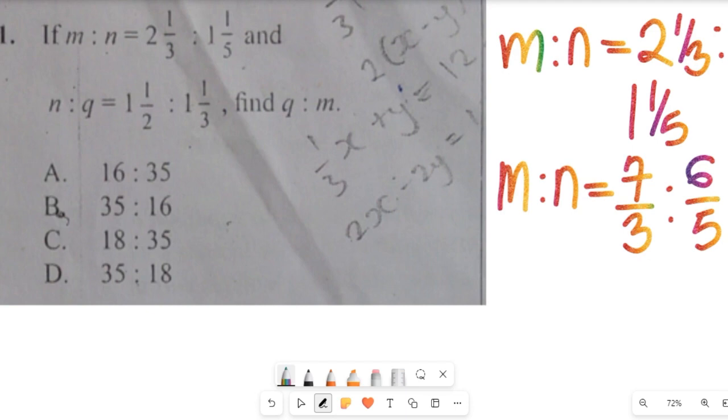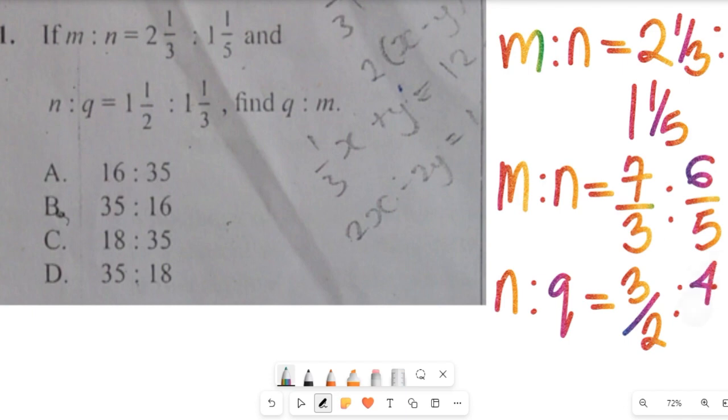The other one will give us n ratio q, and n ratio q will give us 2 times 1 is 2, plus 1 gives 3 divided by 2, ratio 3 times 1 is 3 plus 1, that will give us 4 divided by 3. Good. So having done that, we have their various ratios.